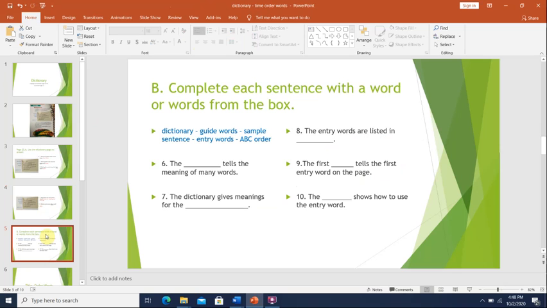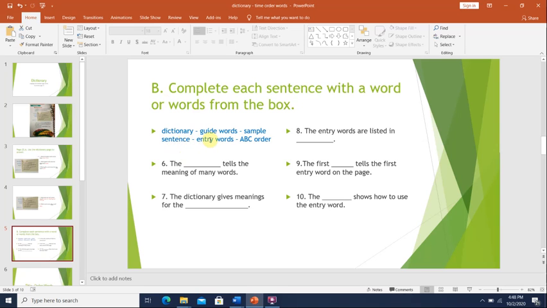Let's answer question B. We have some words in the box, and we use these words to complete the sentences. Let's read the words in the box first. Dictionary. Dictionary is a book that tells you the meanings of words. Guide words.